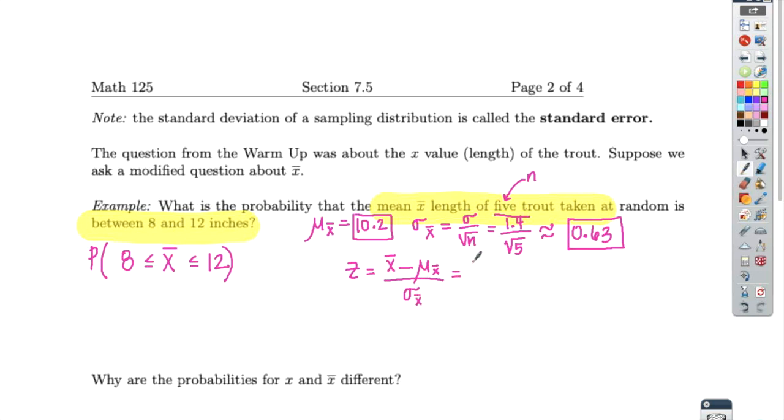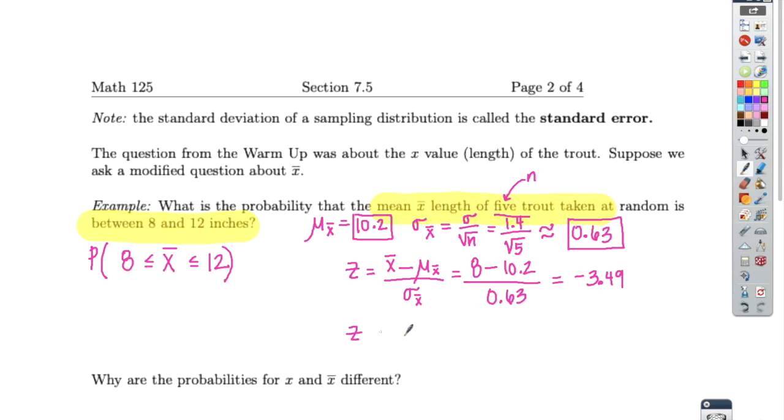So I'll start with 8 minus the mean. Well, the mean actually doesn't change. It's still 10.2. Over the standard deviation, that does change. It's 0.63. And when I put those values into my calculator, I get negative 3.49. Very small z value.